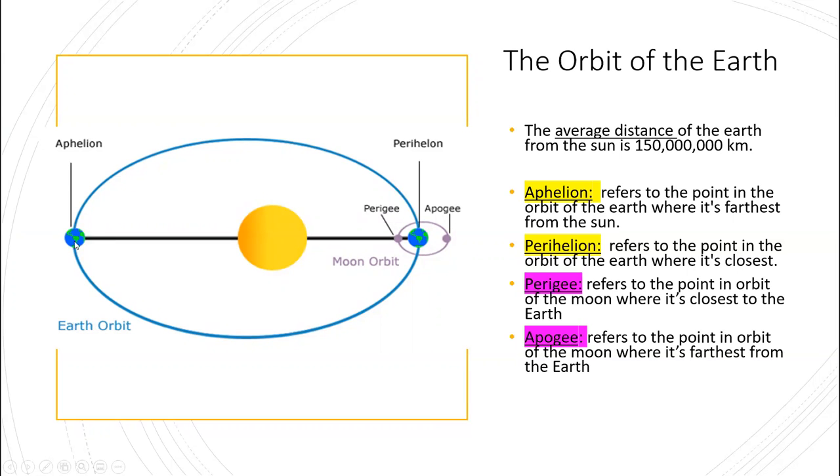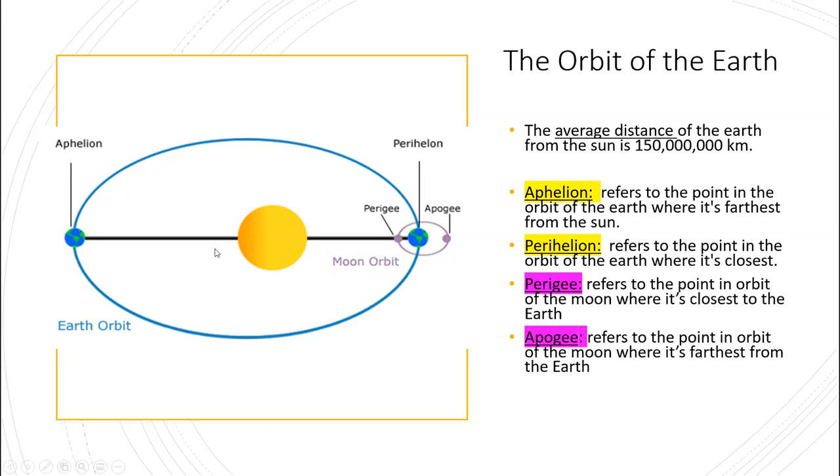So at one point, we are the furthest part, and one time we are the closest part. And as strange as it may seem, winter happens here when we're the closest to the sun, and summer happens when we are further from the sun. Why? Because of the tilt of the Earth. I'll see that later with you, but I just wanted to give you that little thing.